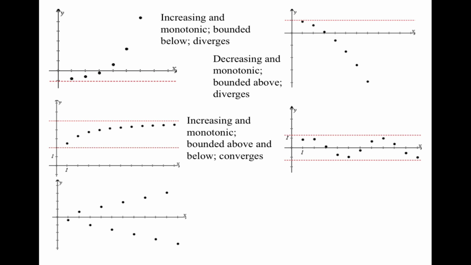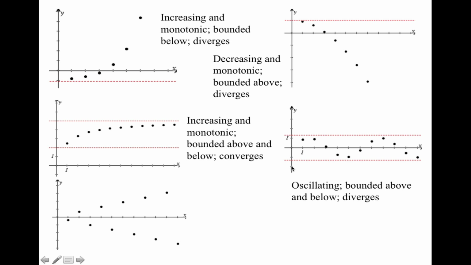So this is the one I was talking about with that theorem. Notice that since it's strictly increasing, so monotonic, and it's bounded above and below, that means that the sequence has to converge to some value at some point. Now when we look at this next one, you'll see that it's oscillating, so it's not increasing or decreasing, and it's bounded both above and below.